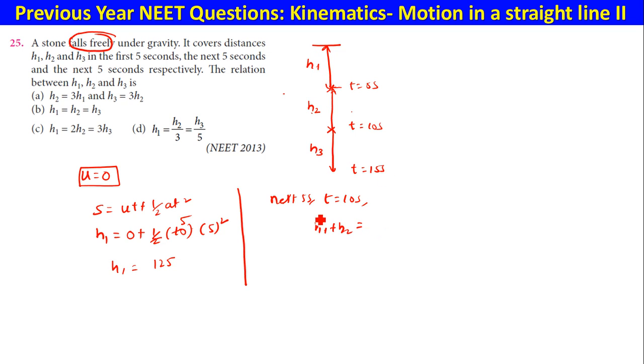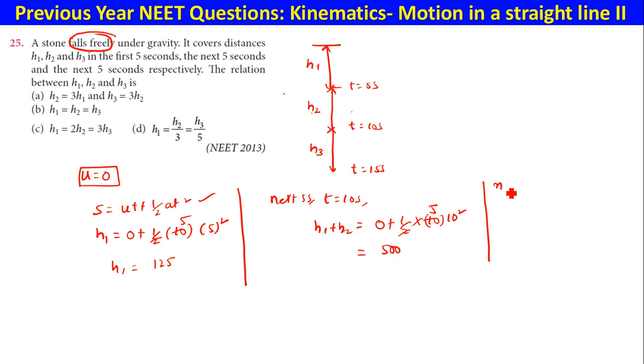So h1 plus h2, and initial velocity is 0, so the first term becomes 0, and half into acceleration, again let us take 10, into t square. Time square is nothing but 10 square. So 2 ones are 2, 5s are 5, so 5 into 100, 500. That is h1 plus h2.